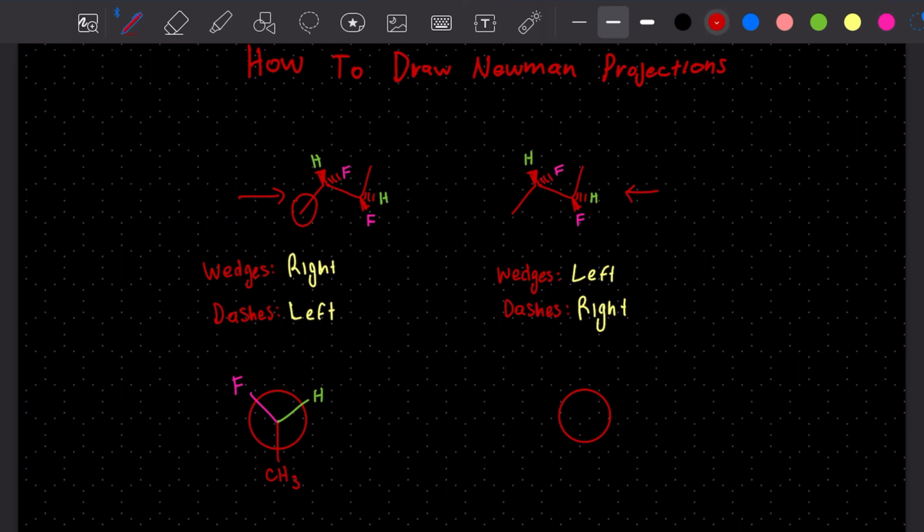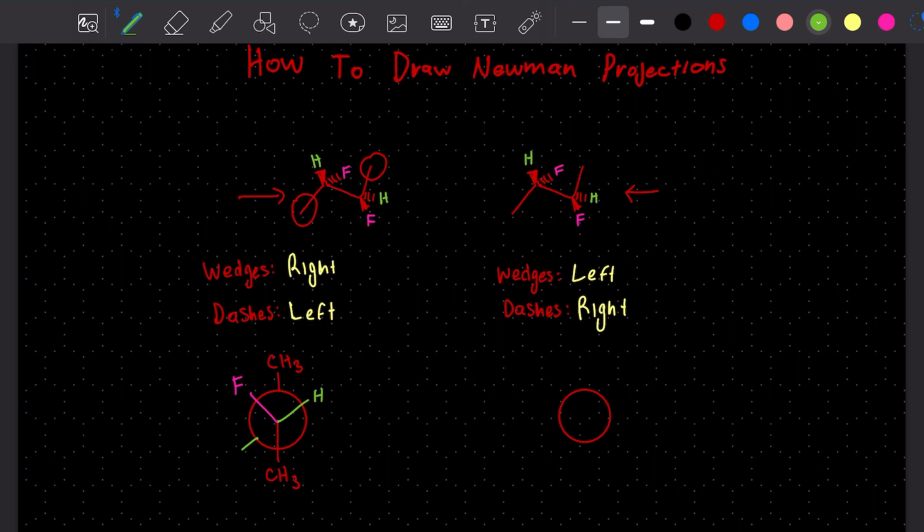Let's now look at the back carbon. This one right here, we can see going directly up is a CH3. So for our back carbon, directly up is a CH3. We now have a hydrogen on a dash, so that's going to go to the left side.